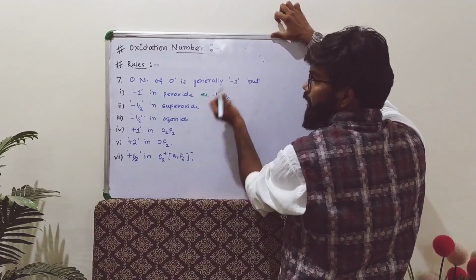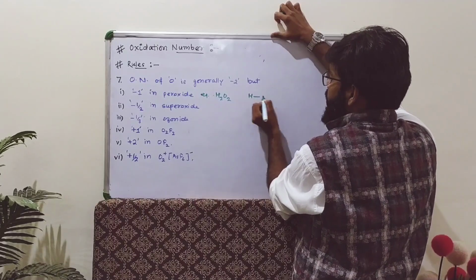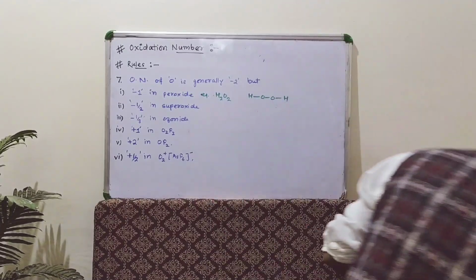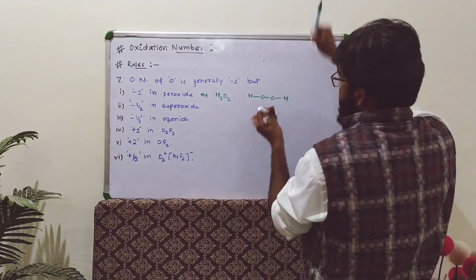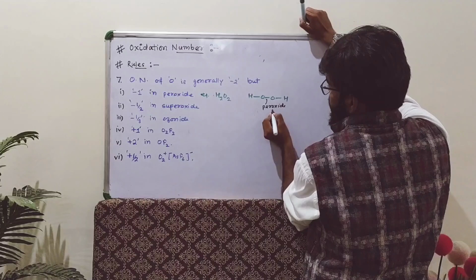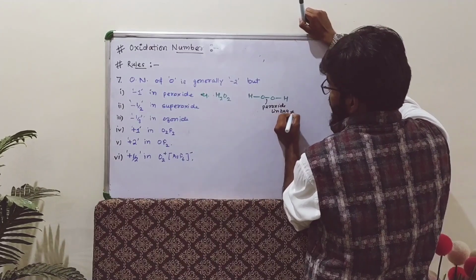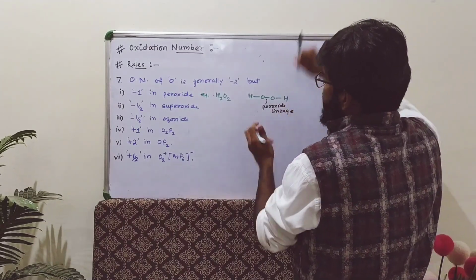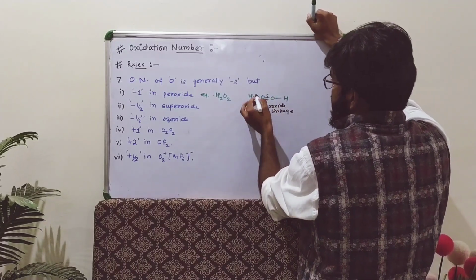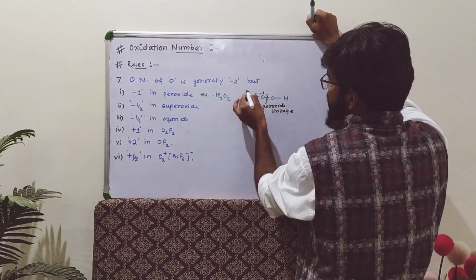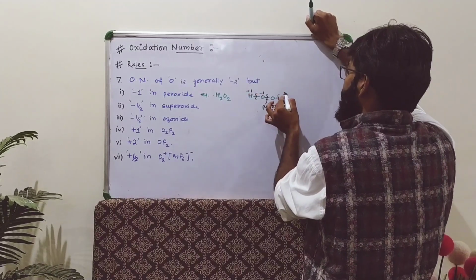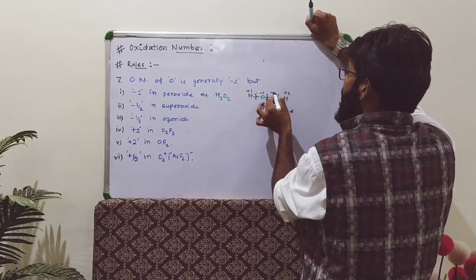H2O2. If we draw the structure of this, it will be something like this. This bond is known as peroxide linkage. When this bond breaks, here it will have -1, here +1.